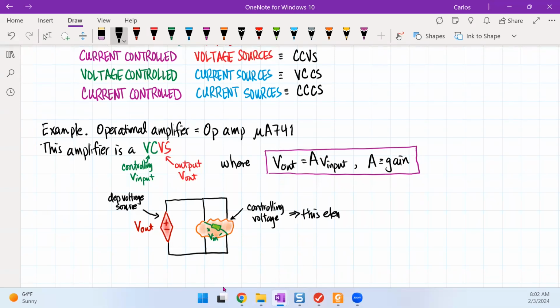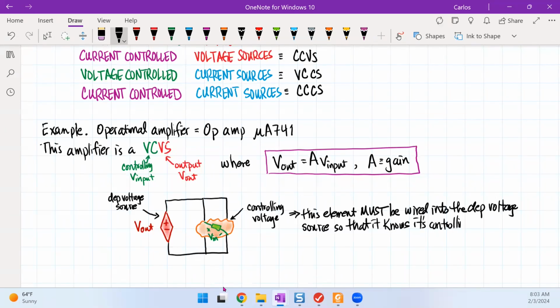This element must be wired into the dependent voltage source so that it knows its controlling voltage. It can't just magically happen.